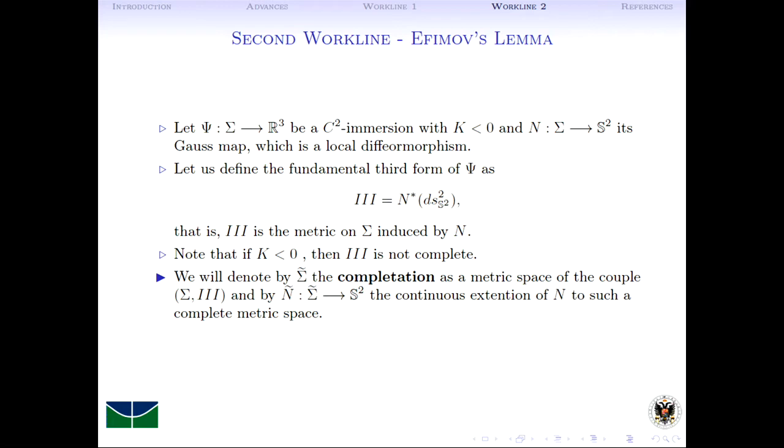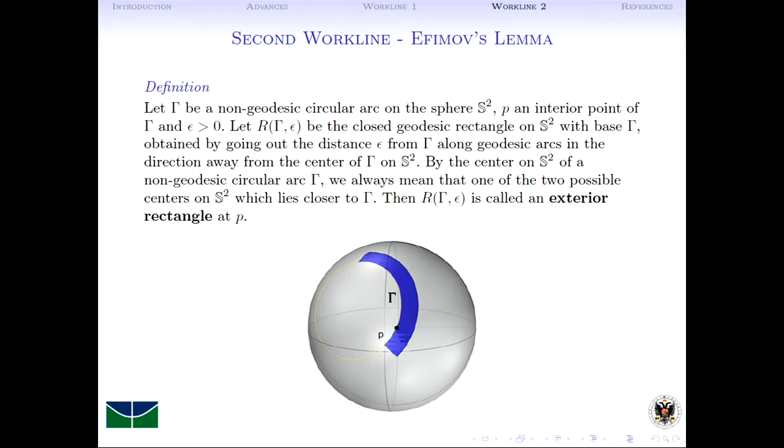We are going to denote this completion sigma tilde, and N tilde is going to be the continuous extension of the Gauss map to those points. Let's define the boundary of the completion in that way.